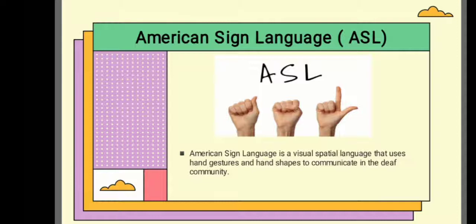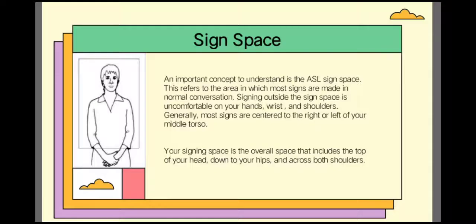In American Sign Language, there is what we call the sign space. Sign space refers to the area in which most signs are made in normal conversation. Signing outside the sign space is uncomfortable on your hands, wrists, and shoulders.